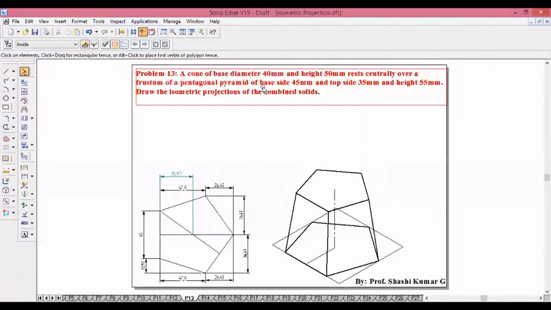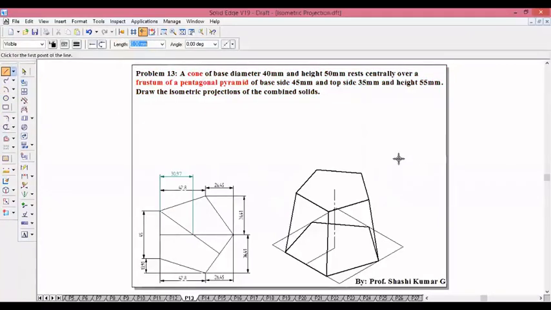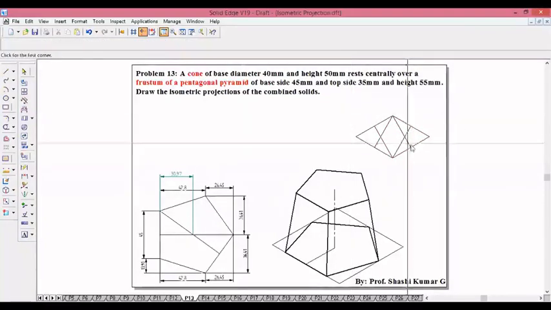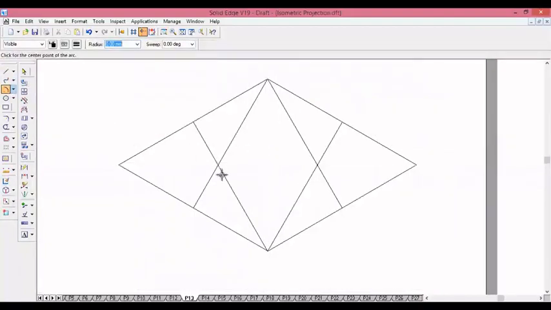Above this, a cone of base diameter 40 has to be placed. Just now we discussed how to construct the cone of base diameter 40. 40 at 30, 40 at 150, 40 at minus 150, 40 at minus 30, and join the midpoint to the opposite corner, and construct the ellipse by the midpoint method using the arc by center point command.